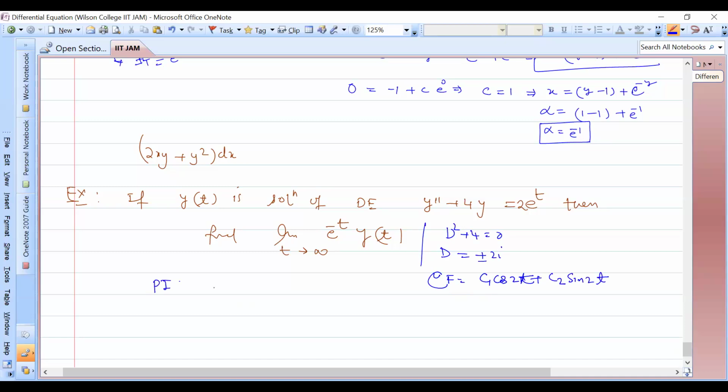Now what about the particular integral? 1 upon D square plus 4 into e raised to t, so e raised to t by 5. So y equals c1 cos 2t plus c2 sin 2t plus e raised to t by 5.